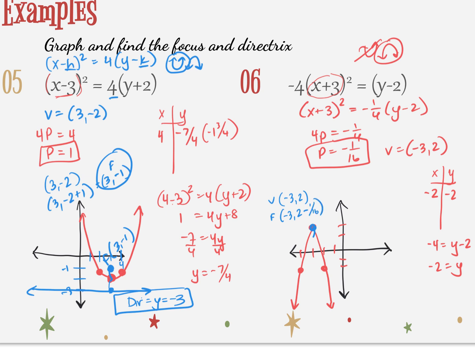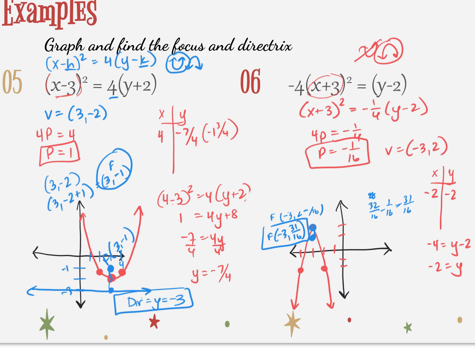Okay, so 2 is 32 over 16, minus 1/16 is 31 over 16. So my focus is negative 3 and 31 over 16. Okay, so it's right here. And that's the ordered pair that would go with it.